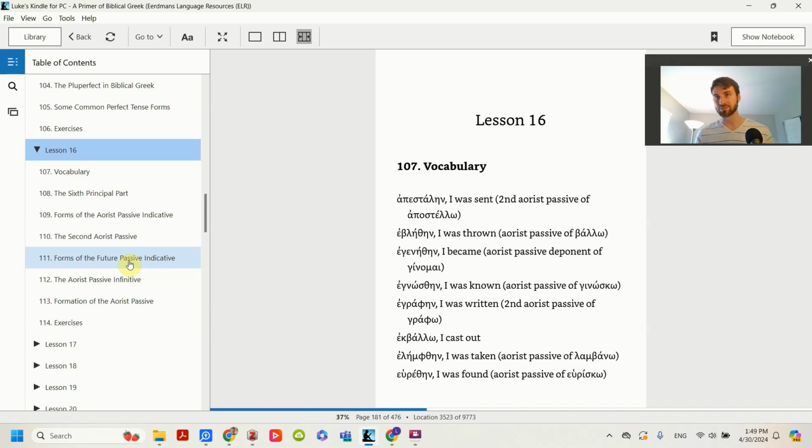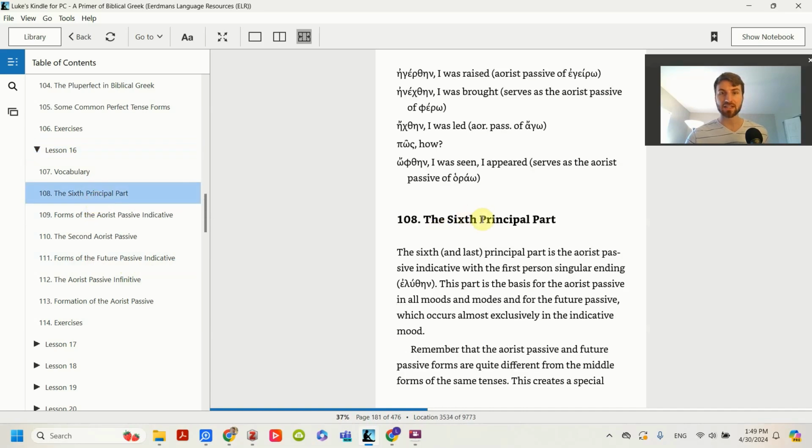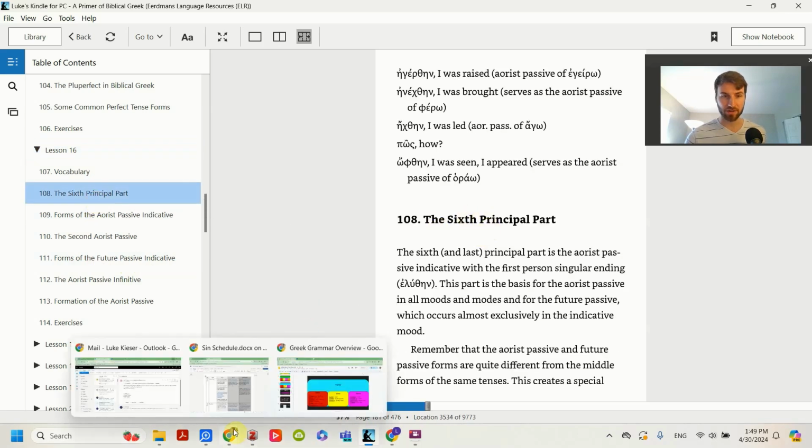The thing that you have to learn here are the different forms. The first thing is that the aorist passive and the future passive take the sixth principal part.